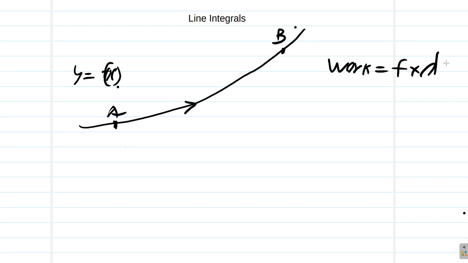Now, here, when you reach this point, call this K, right? The direction of movement at this point right here is going to be a tangent. This is a tangent.